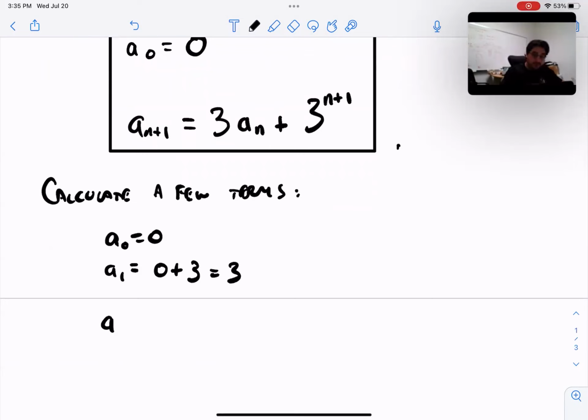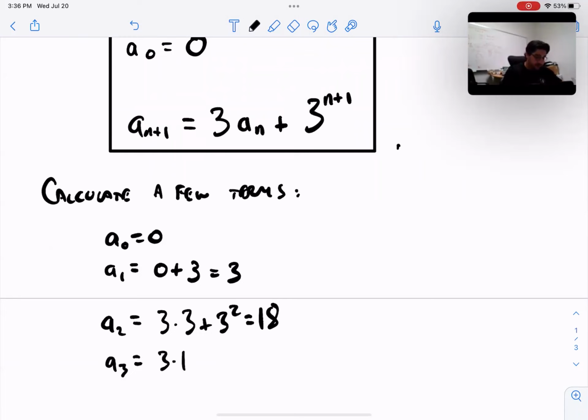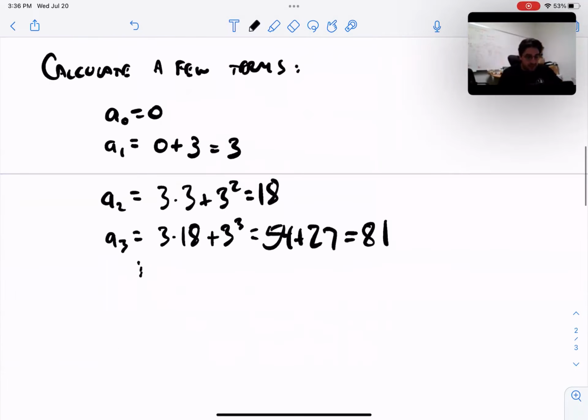I'm following the recurrence there with n equal to 0 plugged in to get that first term. Now I'm going to plug in n equals 1 to get a2, and this will give me 3 times 3 plus 3 squared, which is 18. Then a3 is 3 times 18 plus 3 cubed, which would be 54 plus 27, which is 81, and so on.